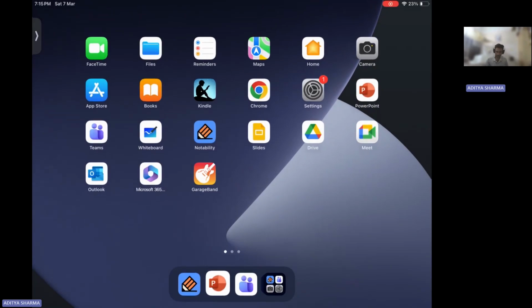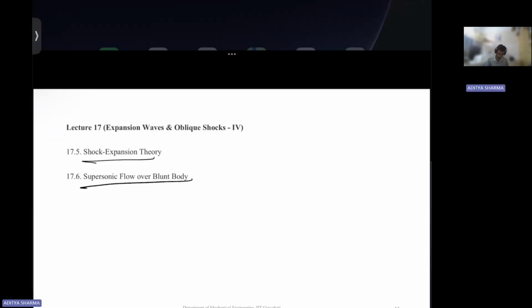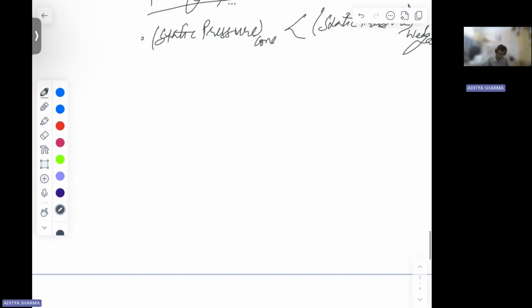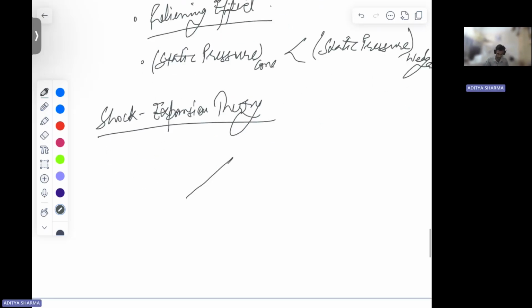Then shock expansion theory is there. What does your shock expansion theory say? So shock expansion theory you apply to diamond shaped airfoil.